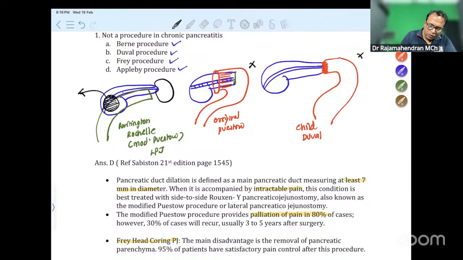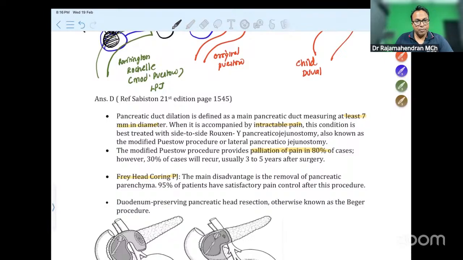When you do head coring along with the opening, that is called the Frey procedure. So Frey is also like a lateral pancreaticojejunostomy, with coring of the head. The main disadvantage is the removal of pancreatic parenchyma, but that is not going to play a major role. 95% of the patients had satisfactory pain control. So Puestow gives 80% pain control, Frey 95% pain control.